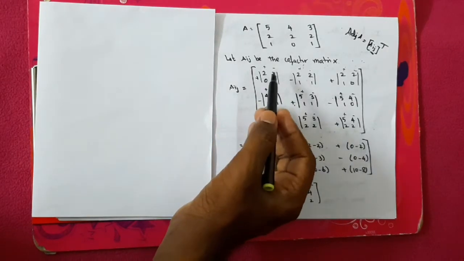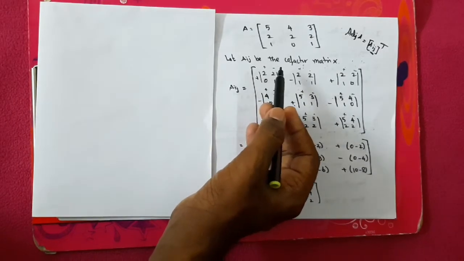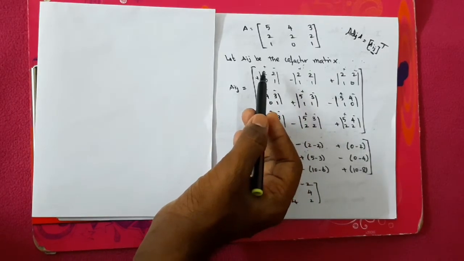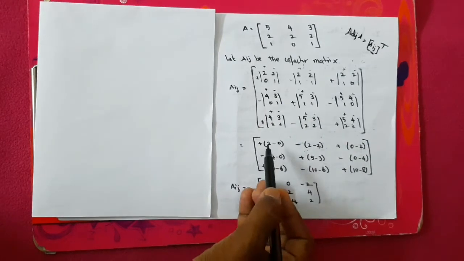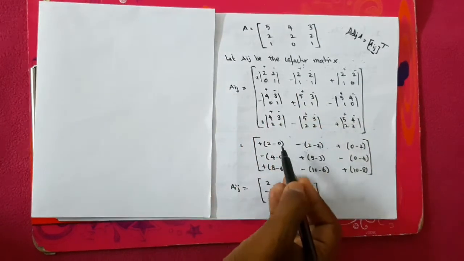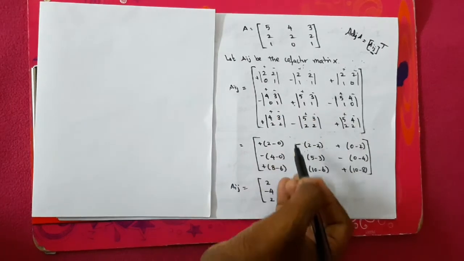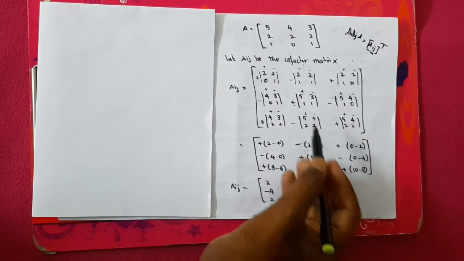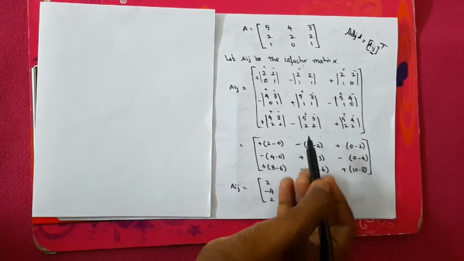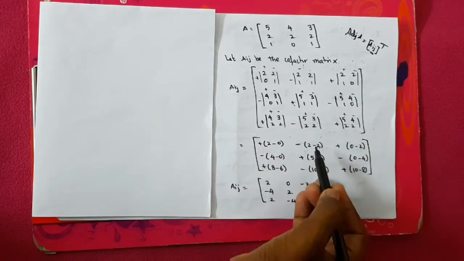So I can expand along the first row. Above the first row, I am applying the plus minus symbols. So 2 into 1, 2. Then minus 2 into 0, minus 0. So I have applied, right? Now this minus here: minus of bracket 2 into 1, 2, then minus 2 into 1, minus 2.